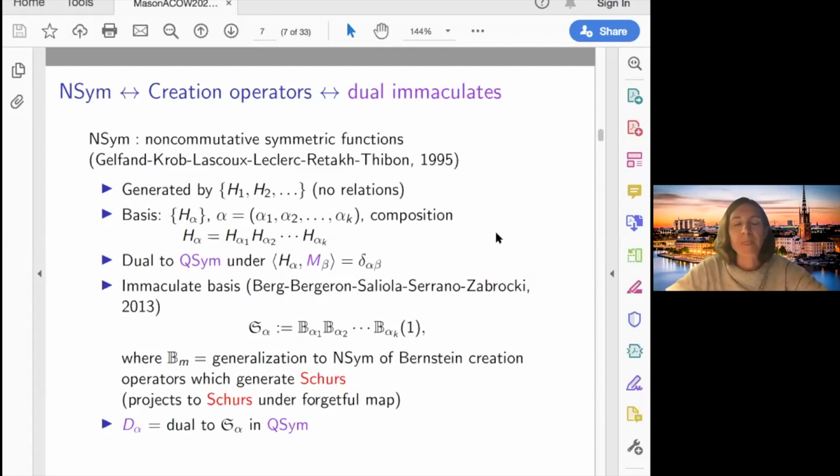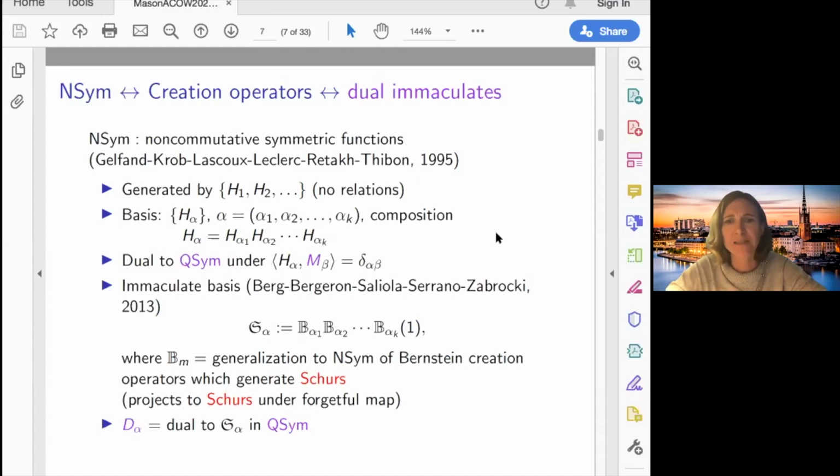So one of the ways to generate the Schur functions in Sym is to use something called creation operators. And what Bergeron, Saliola, Serrano, Zabrocki did is they generalized these creation operators into NSym and then applied the same process that you would use in Sym to generate the Schurs, and they got something they called the immaculate basis for NSym.